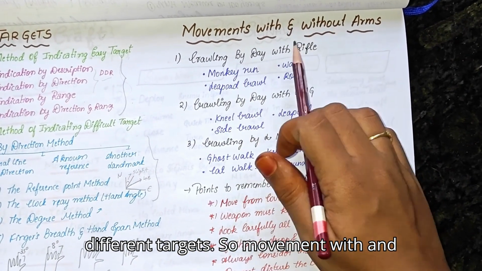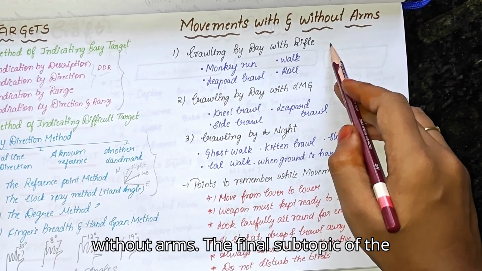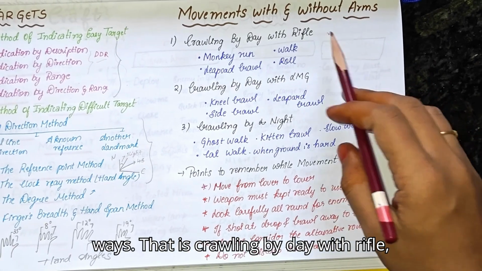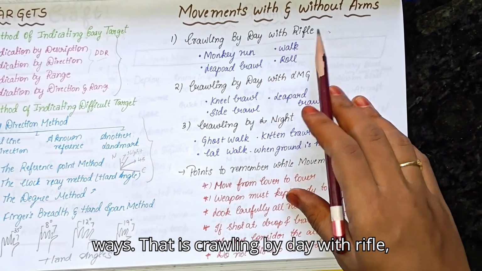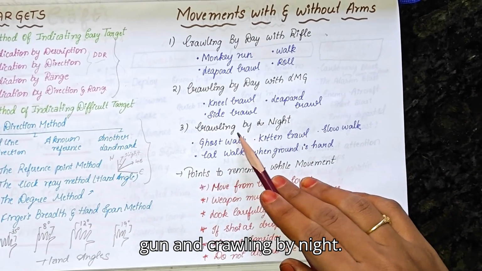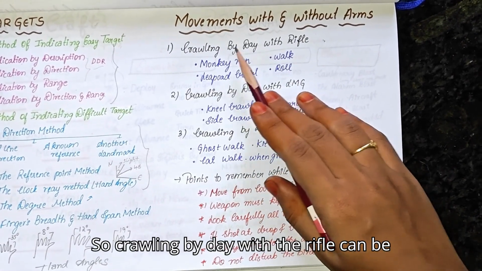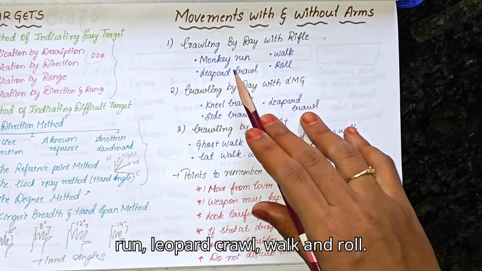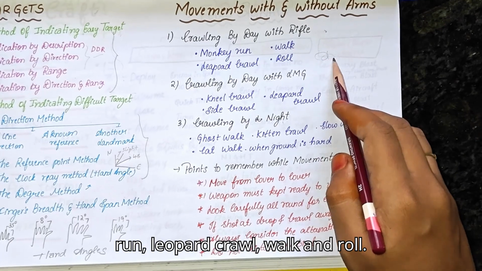So movement with and without arms, the final subtopic of Field Craft. It is done in 3 ways, that is crawling by day with rifle, crawling by day with the LMG, light machine gun, and crawling by night. Crawling by day with the rifle can be done in 4 ways: monkey run, leopard crawl, walk and roll.